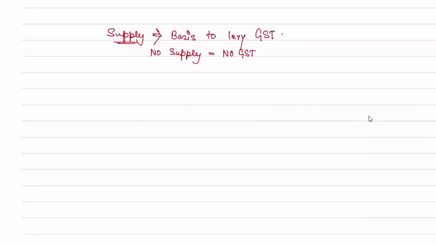If this is a supply, then definitely GST is there. You have to pay GST. GST liability will attract on you. So this is the most and the foremost important part. Whenever we talk about GST, we talk about supply. When I say that this product has a GST, that means whenever you supply that product, GST has to be charged.